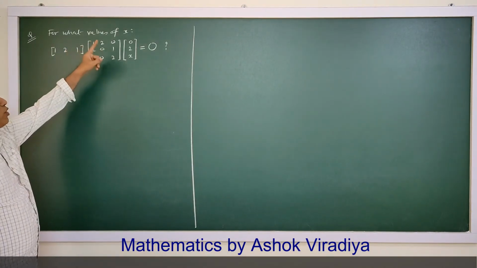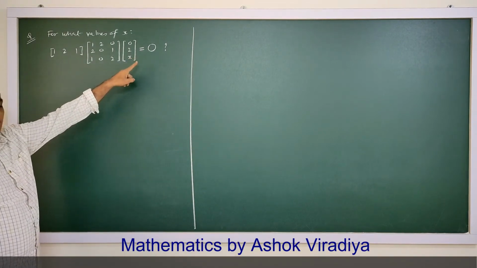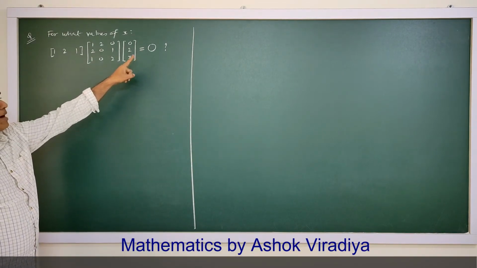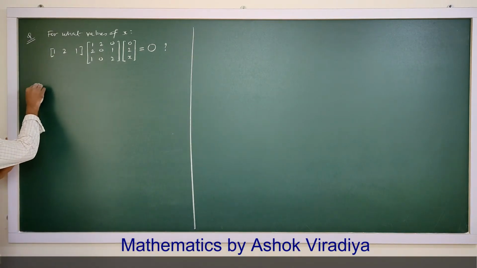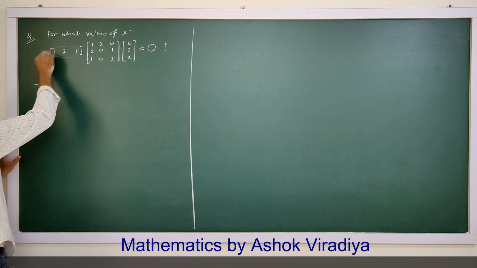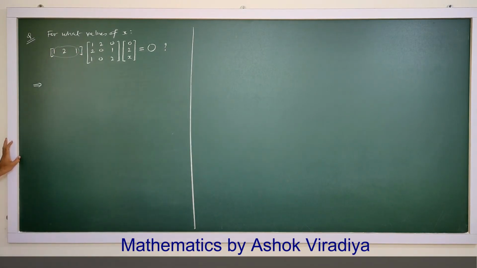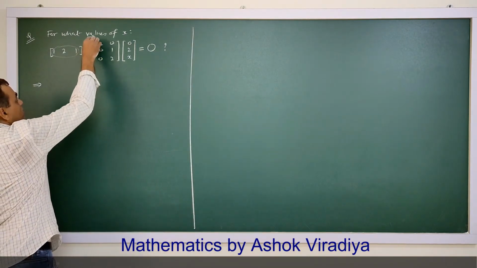For what values of x is this product O, the zero matrix? First of all, we multiply this row matrix into this square matrix.